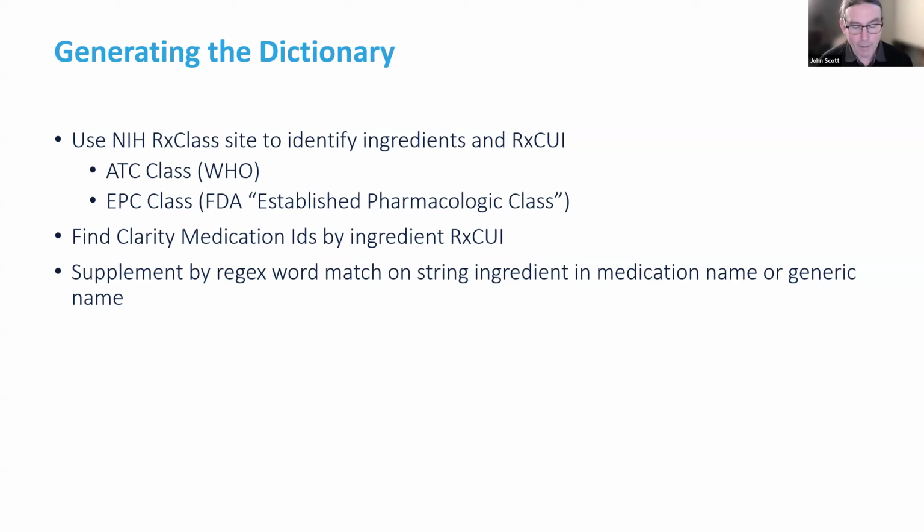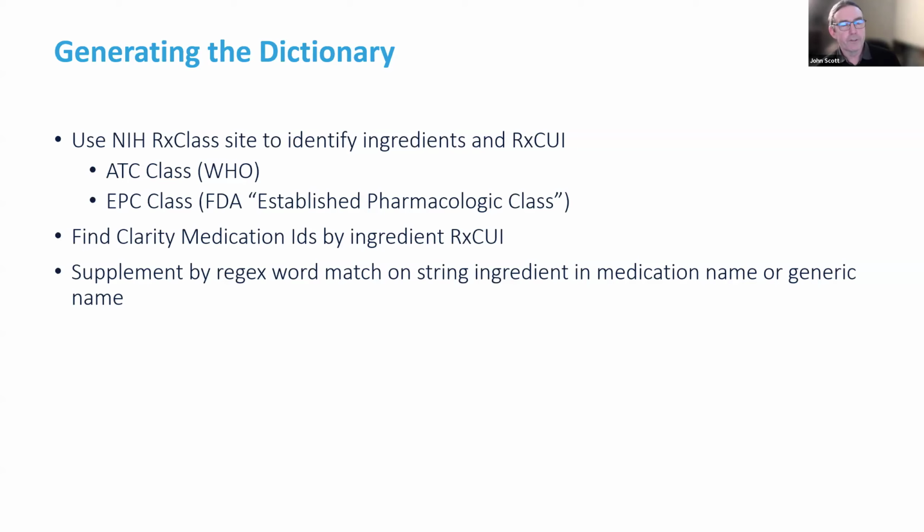And we found that was not necessarily complete because some things did not have RxNorm codes. So we further supplement this by doing some regular expression word matches on both the name and the generic name of the medication to see if we find other medications that have that ingredient in them. This requires some level of curation.